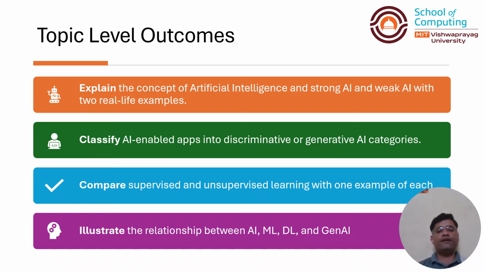Compare supervised and unsupervised learning with one example each. And last but not least, you will be able to illustrate the relationship between AI, ML, DL and generative AI, that is artificial intelligence, machine learning, deep learning and generative AI.